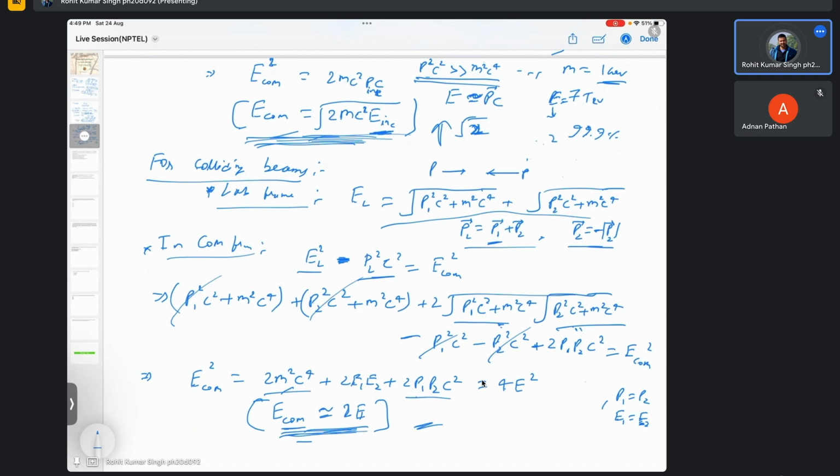When we collide two protons in LHC, it is the center of mass energy which will get deposited in the center, and then the new particles will get created. So we have an estimate of the initial energy available in the system.